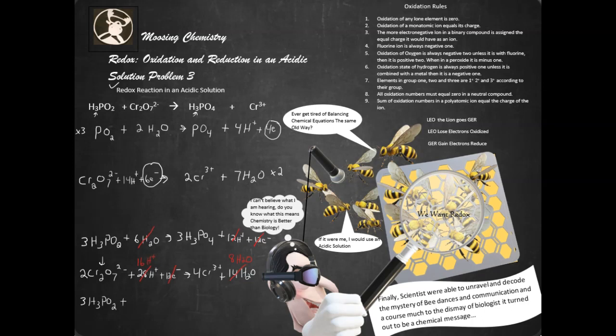Plus 2Cr2O7 2 minus, okay, plus 16 hydrogens yields 3H3PO4 plus 4Cr3+ plus 8H2O.